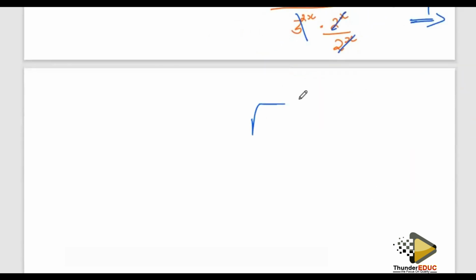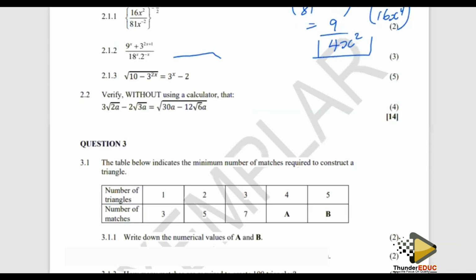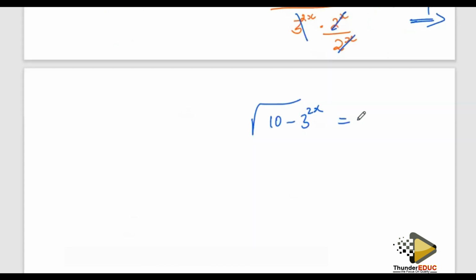I'll write to this side. Square root of 10 minus 3 to the 2x is equal to 3 to the x minus 2.